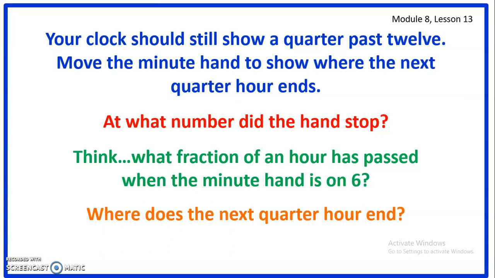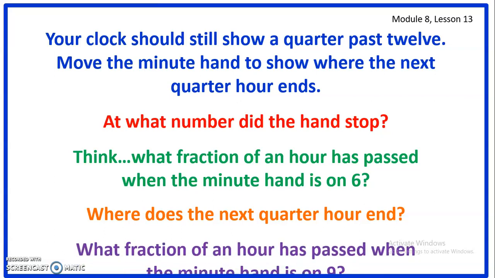First quarter 12 to 3, second quarter 3 to 6, next quarter 6 to 9. So the next quarter ends at 9. What fraction of an hour has passed when the minute hand is at 9? That is the third quarter. The first quarter is 3, the second quarter 6, the third quarter is 9.